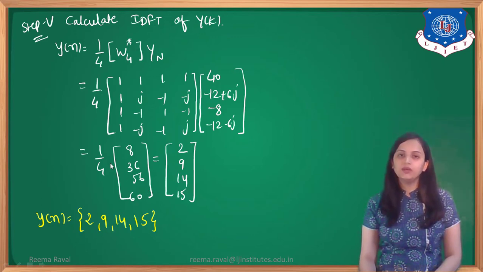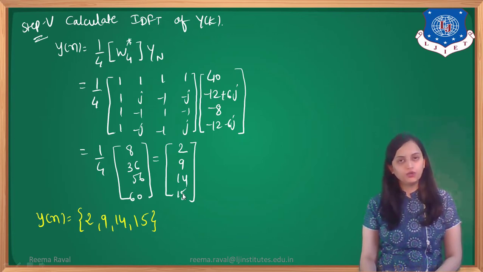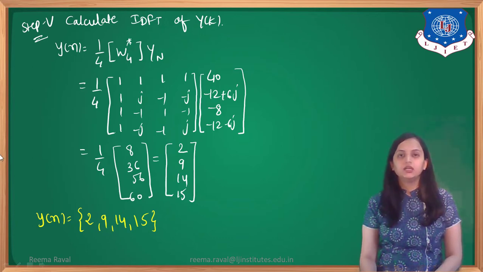These all values are to be divided by 4 to get the final answer, which is 2, 9, 14 and 15. So the circular convolution output for this example data is y of n equals 2, 9, 14 and 15. This is how the answer should be written using the DFT and IDFT method.